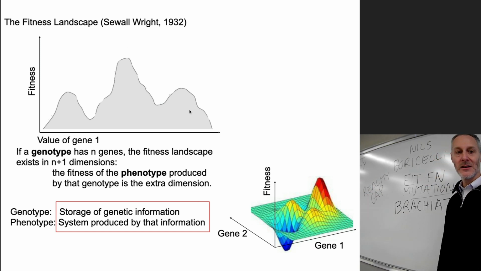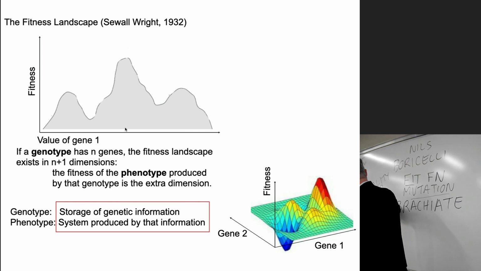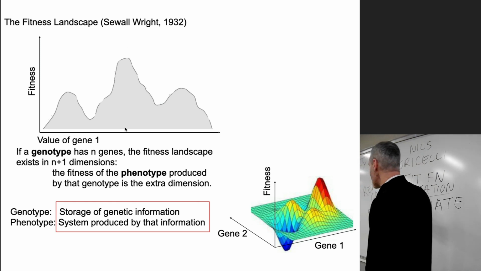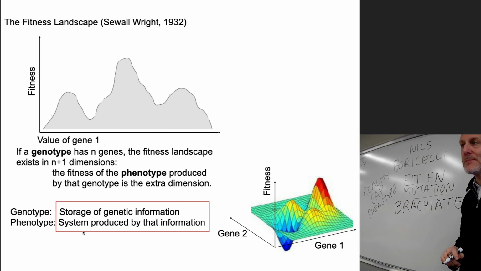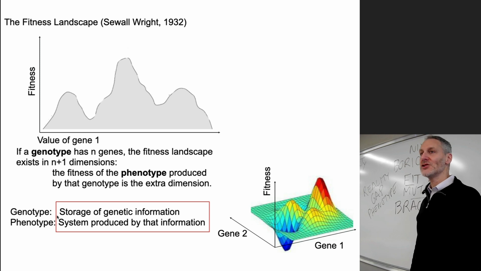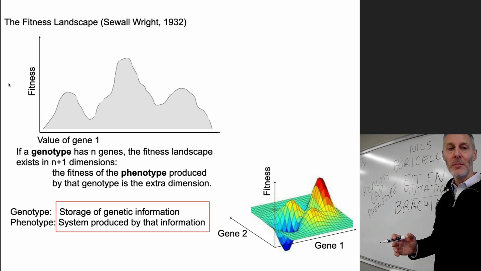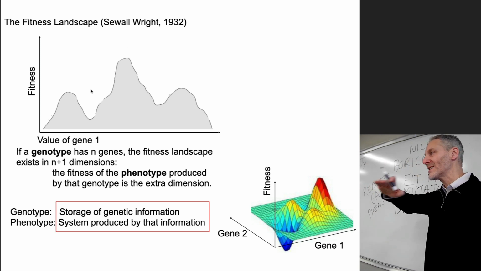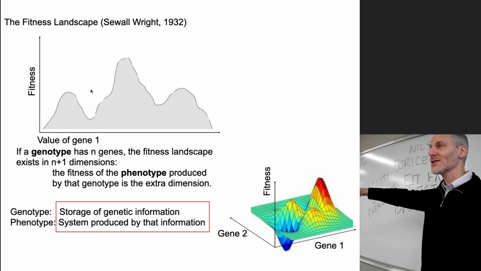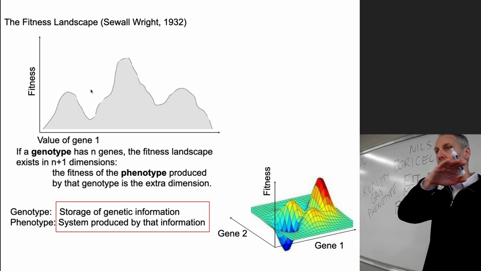If it was flat, all the individuals would be genetically distinct, but phenotypically the same. So we're going to introduce another term here, phenotype. Phenotype is all the stuff, the form and function, that's produced by the genotype. We could have a population that's genetically diverse, but if the fitness landscape is flat, everyone has equal fitness, everybody looks identical, and everybody acts identically, we have a population that is phenotypically homogeneous.